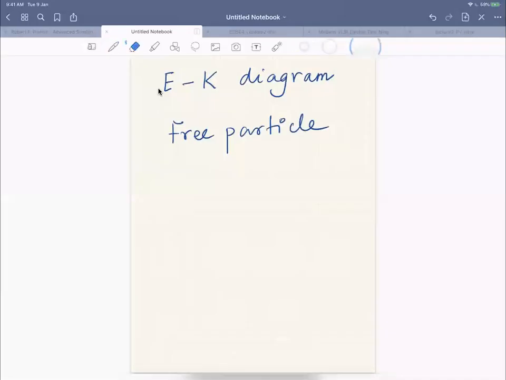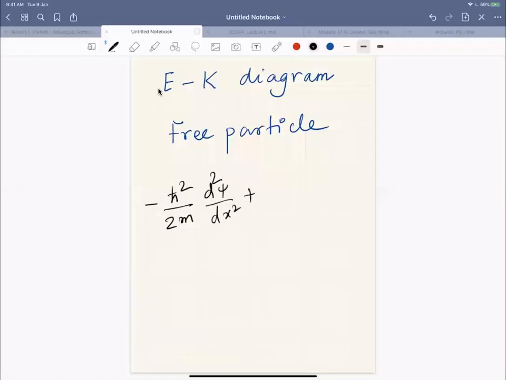Just for your information, I'll write it down.